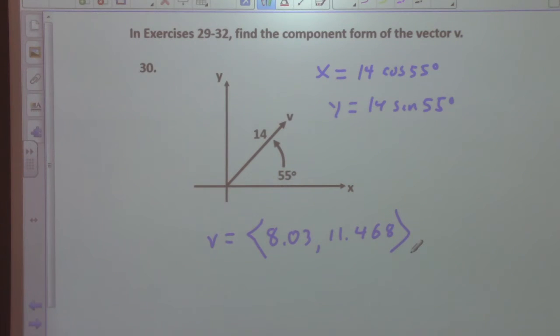Once I get these batteries in here, we're going to take Dana's question. Starting to run low on batteries.